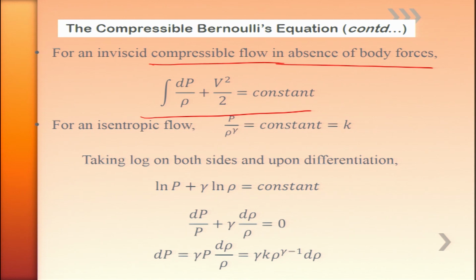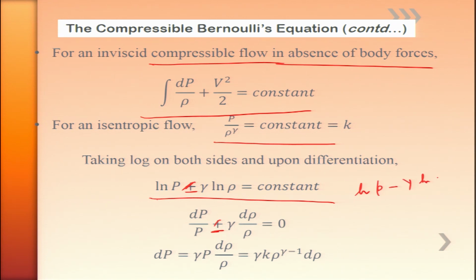For an isentropic flow, as I said, P by rho to the power gamma is equal to constant, which I have written here. Now taking the logarithm of this term on both sides and then the derivative, it leads to dP by P plus gamma d rho by rho equal to 0, from ln P, gamma ln rho equal to constant. Further, please note that here this should be minus, because it is ln P minus gamma ln rho equal to constant, which is again the logarithm of this constant.